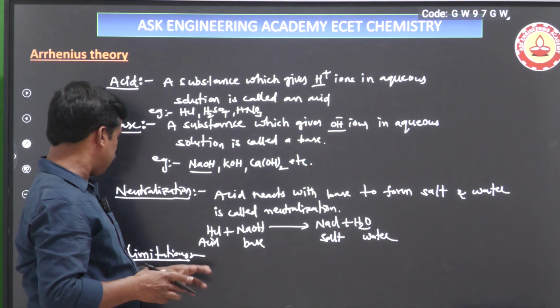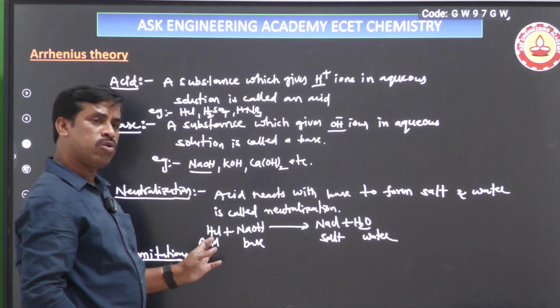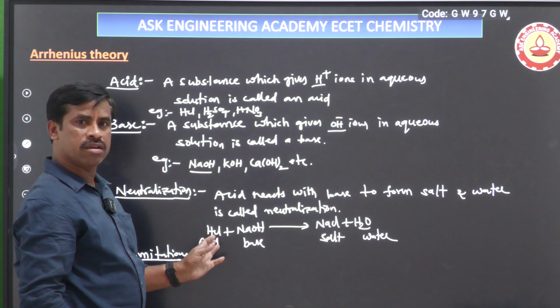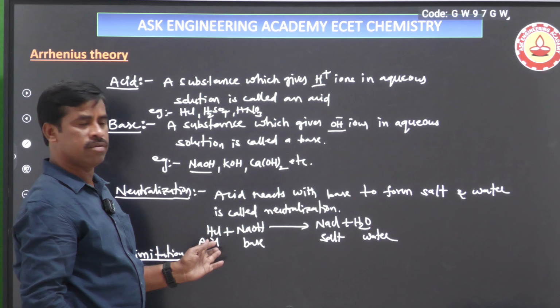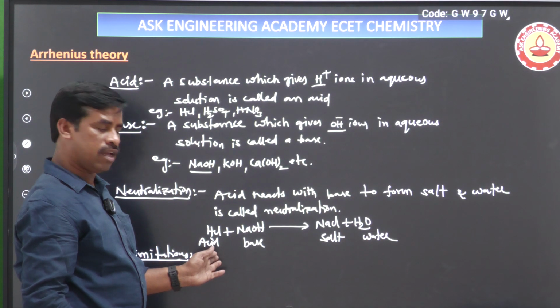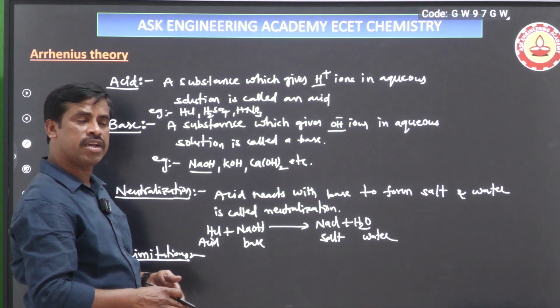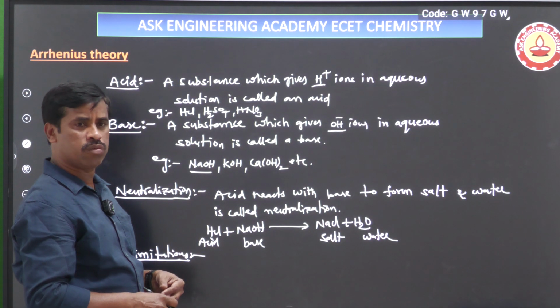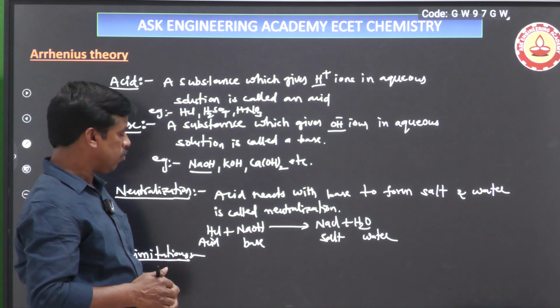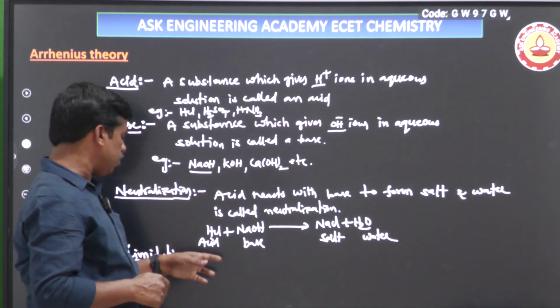Other than hydrogen ions, carbon dioxide can act as an acid, and calcium oxide and magnesium oxide can act as basic substances. These are the major limitations.